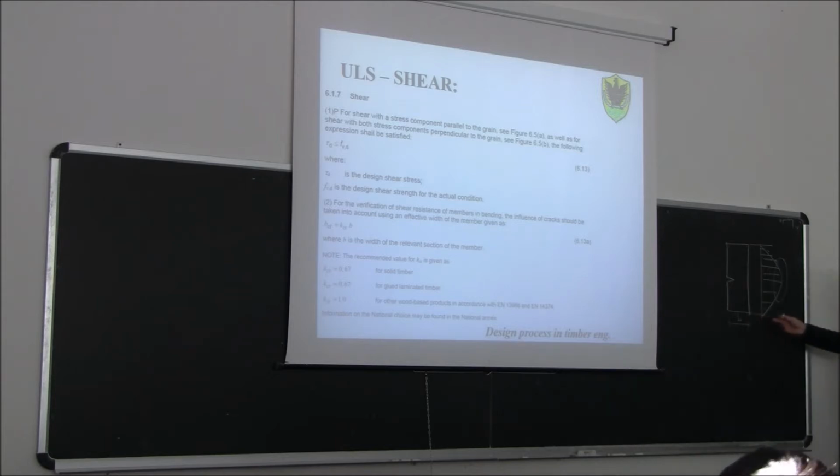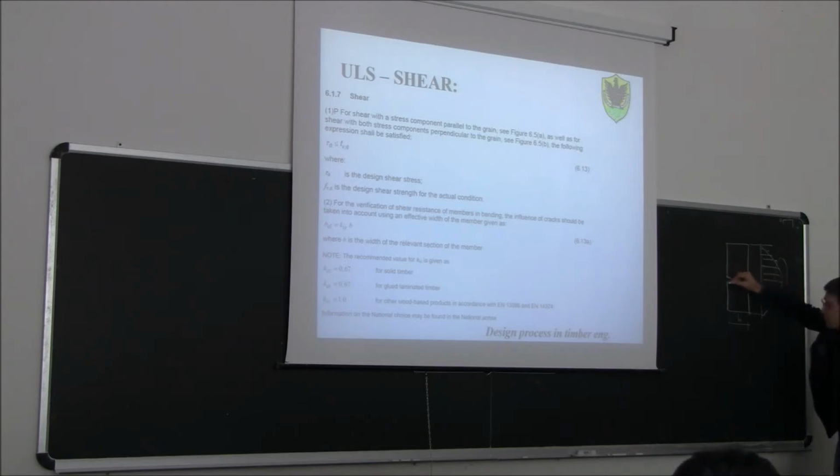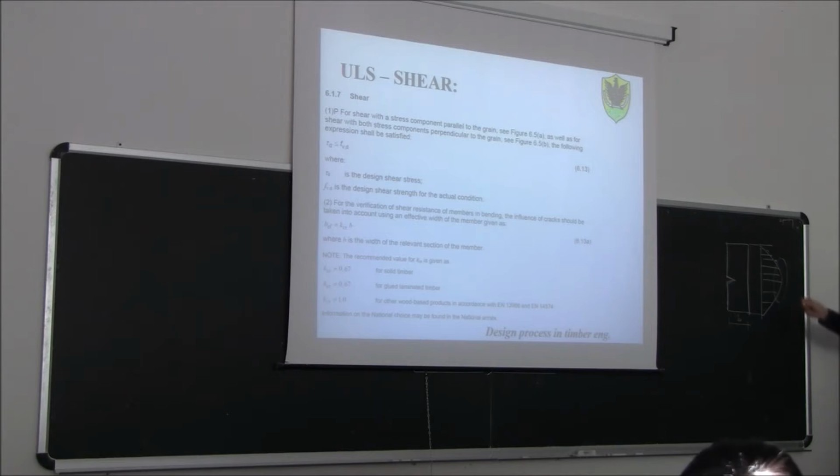So what I was saying is that if the breadth B was constant, then we would have this parabolic distribution using the Jourawski theory. But of course, here you see you have a discontinuity, so B is changing. What is going to happen on this parabolic diagram? What do you think?